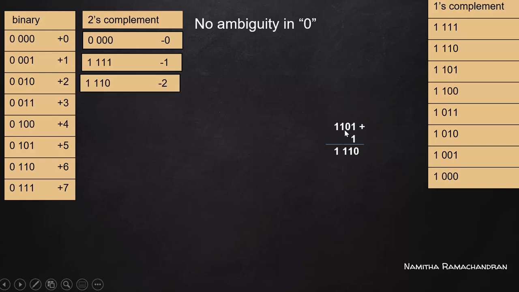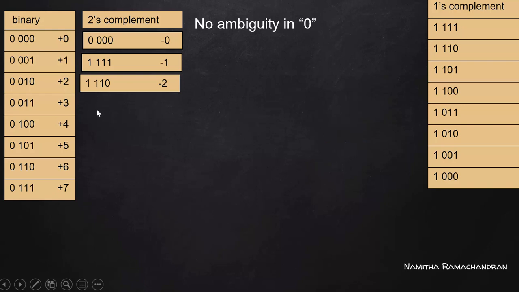While adding 1 to the 1's complemented form, we get 1 plus 1 is 0, carry 1. That carry 1 is added with this 0, that is 1, and put these 1s directly down here. So 1 1 1 0 is actually -2. This is the 2's complement of positive 2.